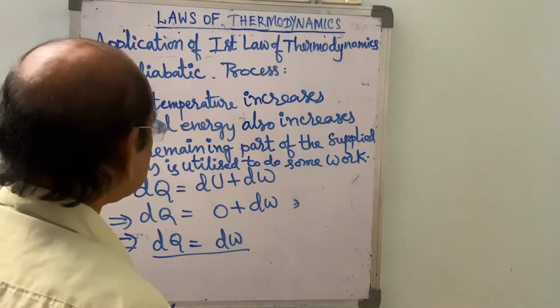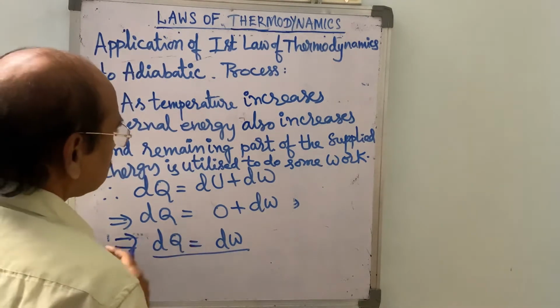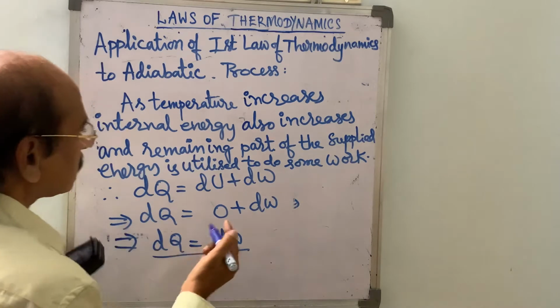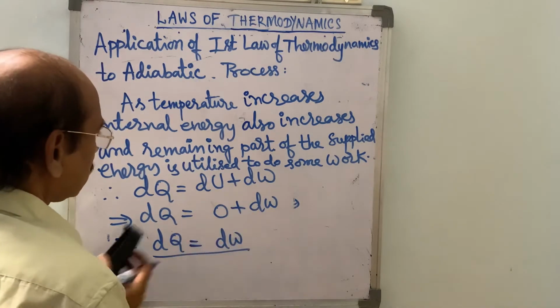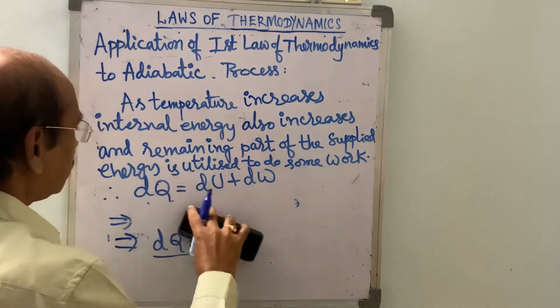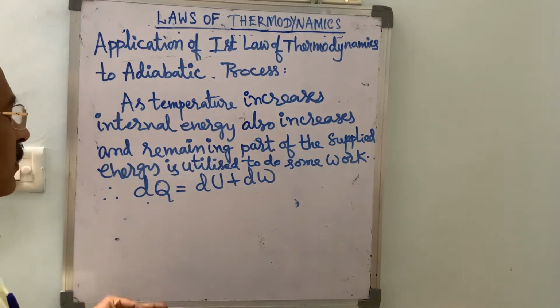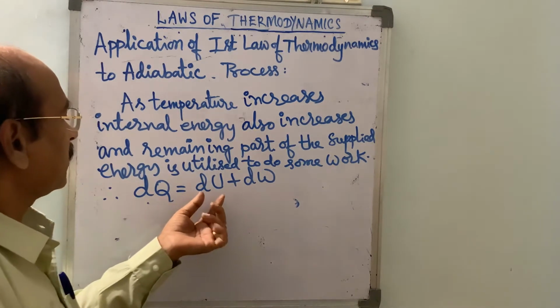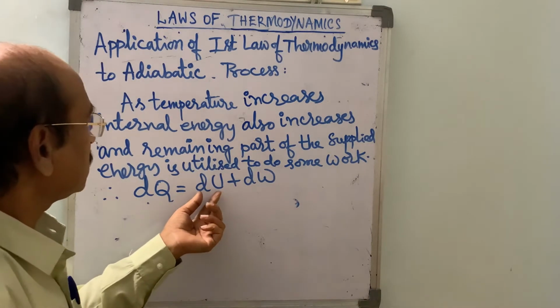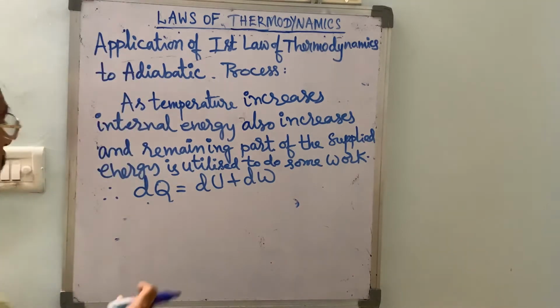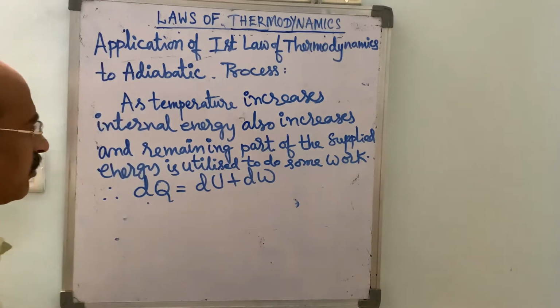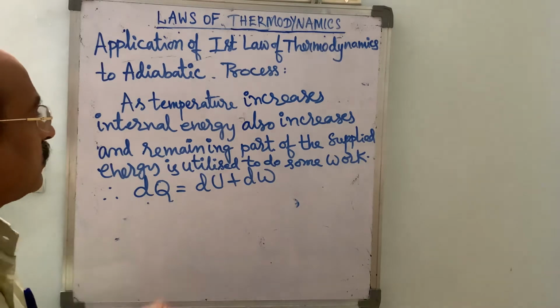Therefore here dq is equal to du plus dw. So some of the supplied energy is utilized to increase the internal energy, and the remaining part is utilized to do some work.